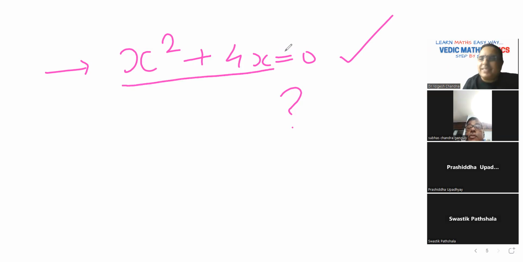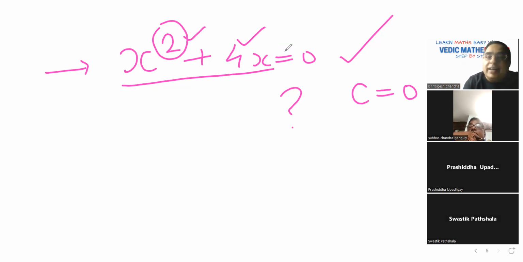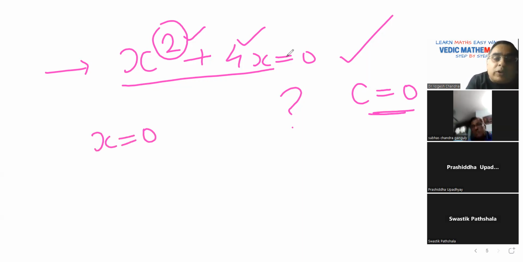If you just observe this, it has a power 2. It has a coefficient of x. Yes, c over here is 0. So when c is 0, that means one of the factors, since it is degree 2, there are 2 factors of x. But since here c is equal to 0, one factor is x is equal to 0. This is confirmed.